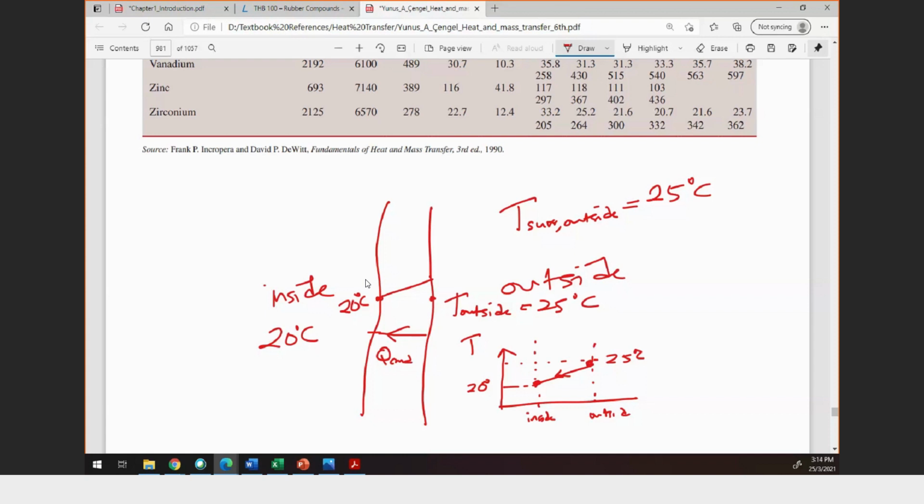If you consider the room as your system, then you have to consider the conduction through the wall layer. You only consider the outer layer of the wall if the room is your system. But in the previous example, the person is our system, so we only focus on the person.